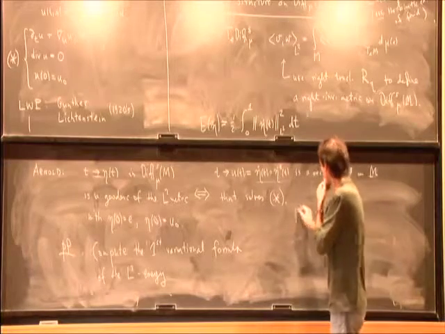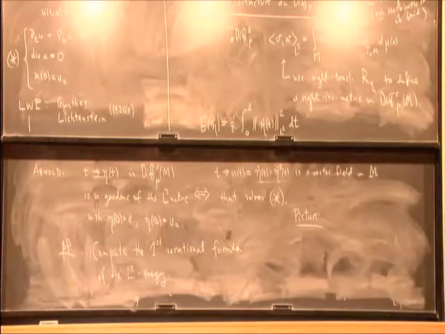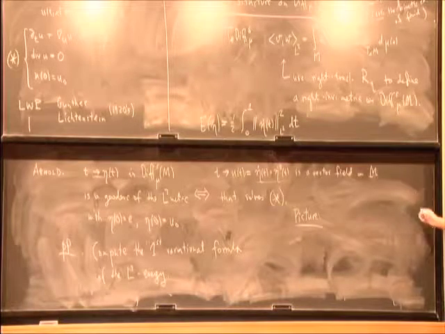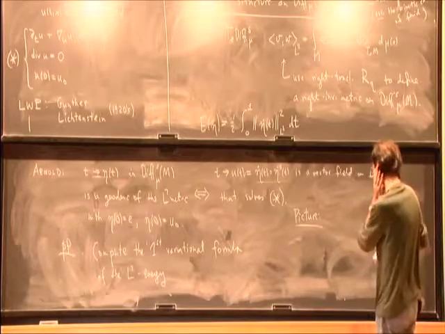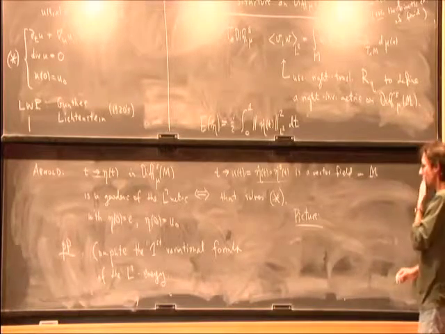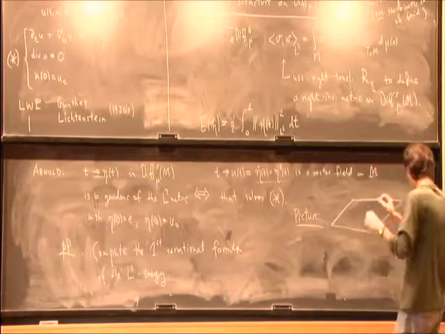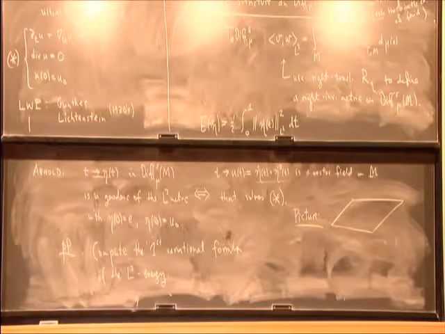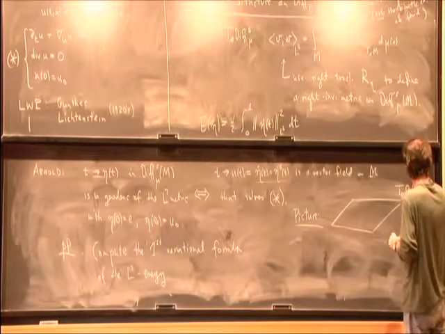Perhaps a picture, which I always like drawing, will give you some intuition of how to put these things together. So let this be the Lie algebra, the tangent space at the identity, T_e Diff_mu^s.